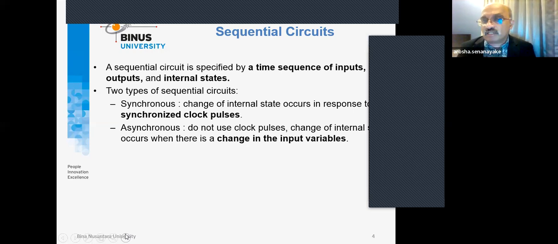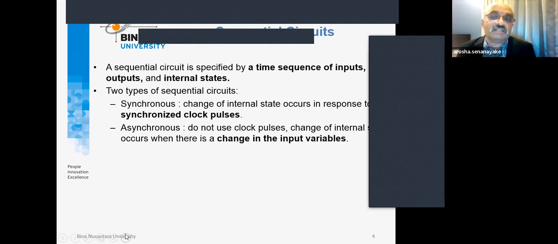Sequential circuits mean that outputs depend not solely on inputs like combinational circuits. There are internal states. What is the meaning of these internal states? You will know in a short while. In addition to inputs and outputs, you have some internal states. From where are these internal states coming?